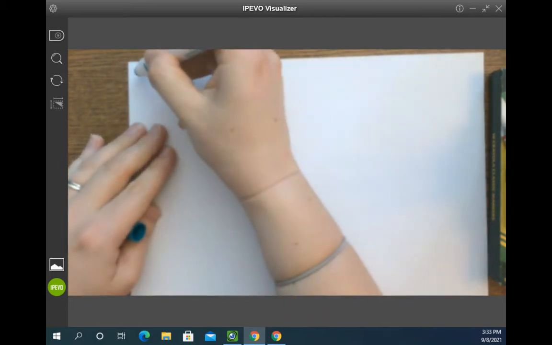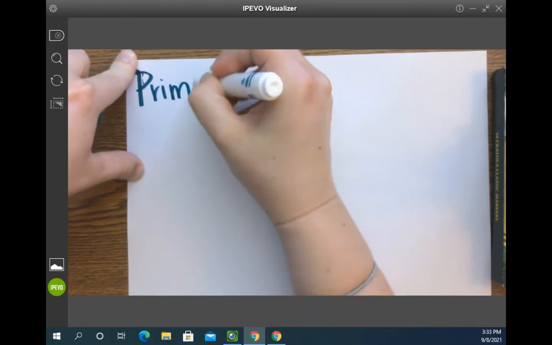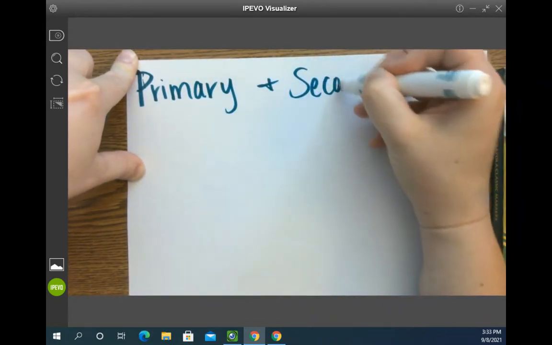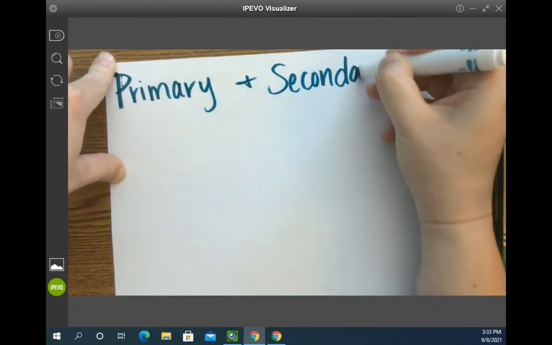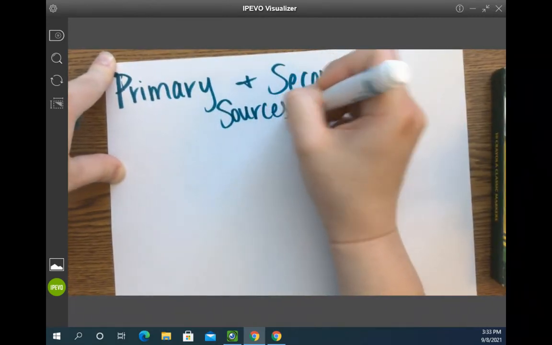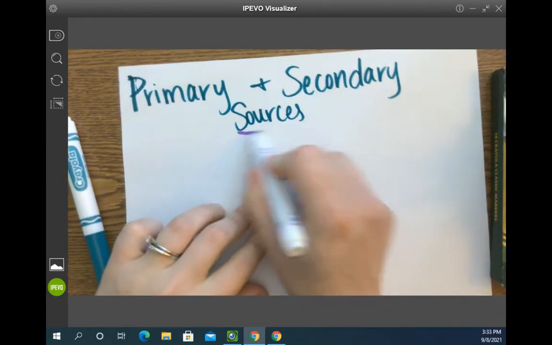So in social studies, we talk a lot about primary and secondary sources. A source is just something that provides information.